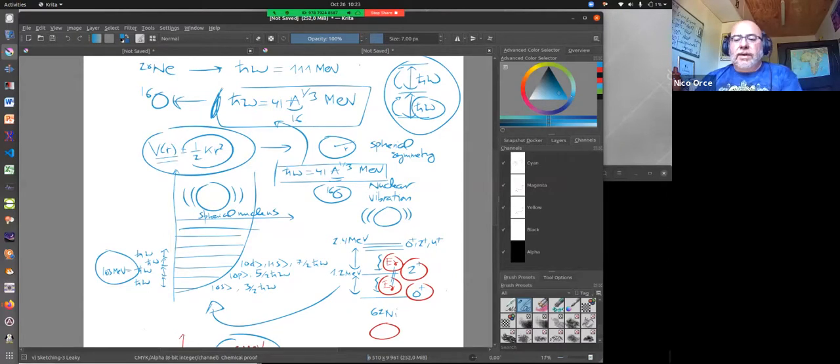So is that right? Let me see. 41 times 20. Actually, I think it's to the -1/3. See, I think this formula is wrong. I think it must be a minus here because this is too big. I just realized that.